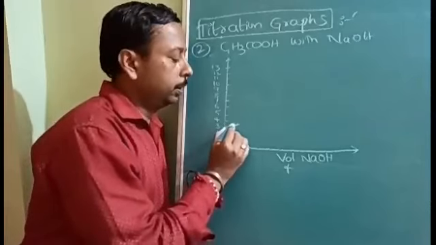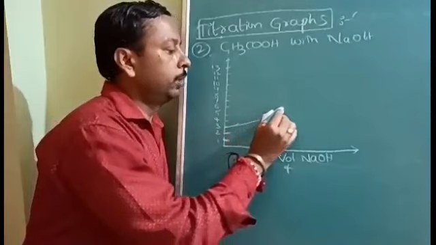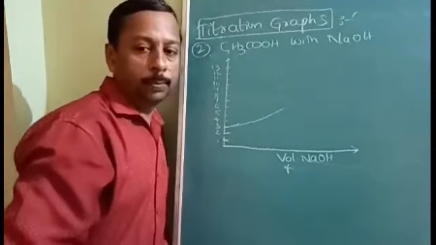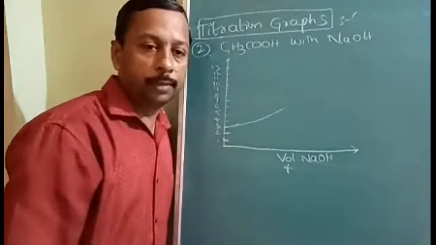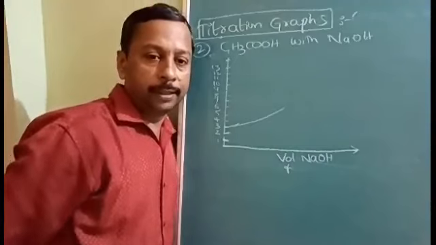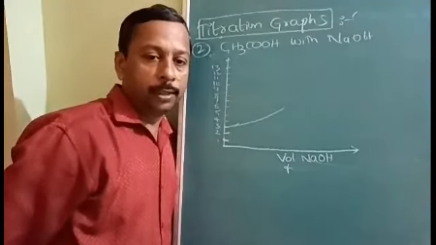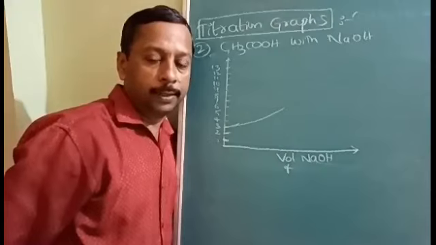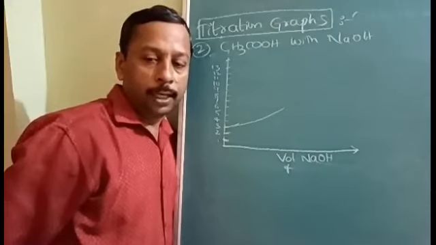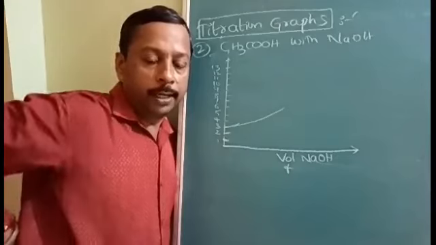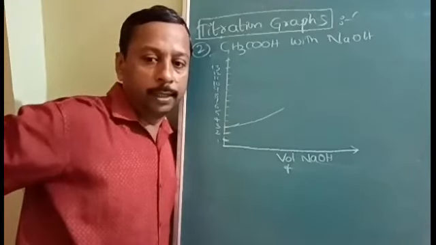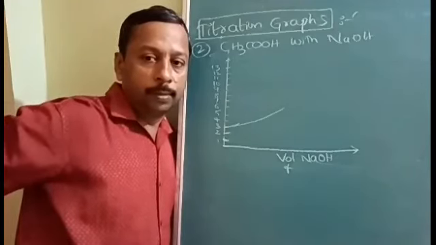So this is going to move very slowly, and will the equivalence point be below 7, above 7, or at 7? Before carrying out the experiment, we can identify the equivalence point. We have done the numerical just before that.